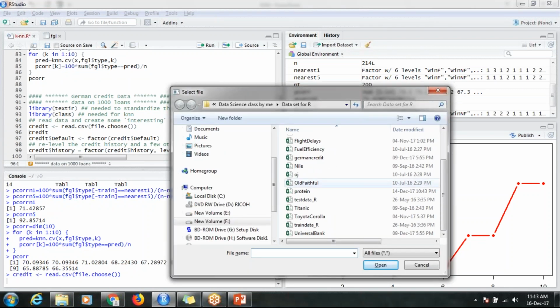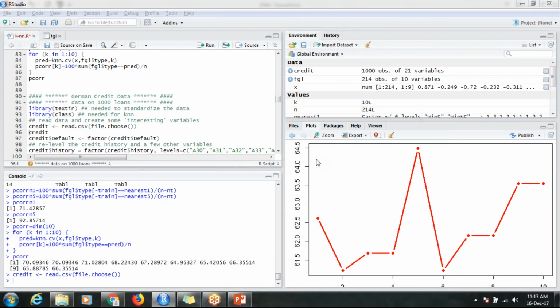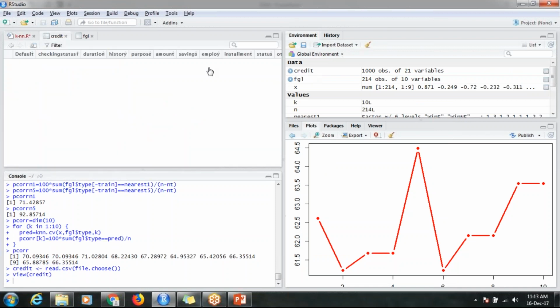So German credit risk, yeah, here I have it. This is my credit data with 1000 observations.